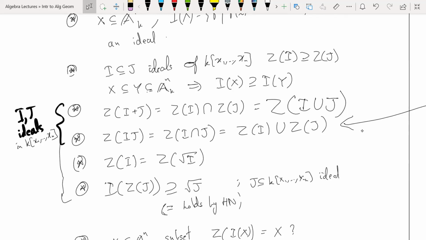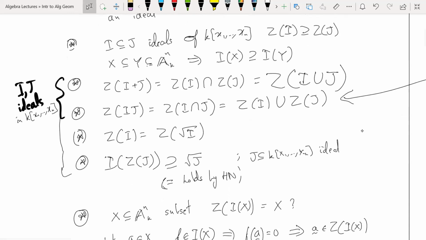And then we saw that the ideal of the zero set of an ideal J in k[x1, ..., xn] contains the radical of J. I also told you, though we didn't see the proof, that equality holds, and that's a little more difficult.